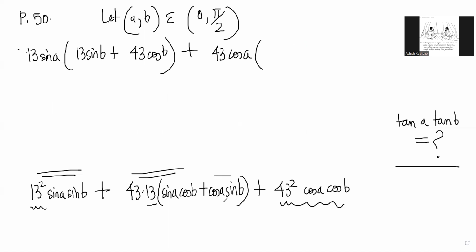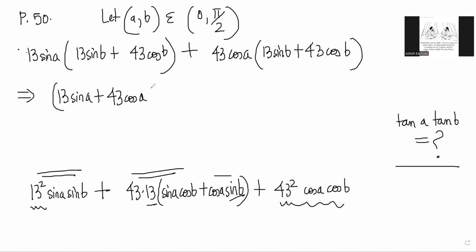What will I get? 13 sin B plus 43 cos B. So basically, the left hand side is becoming 13 sin A plus 43 cos A multiplied by 13 sin B plus 43 cos B. And the whole thing is equal to 2018. Does everyone understand what we have done so far?